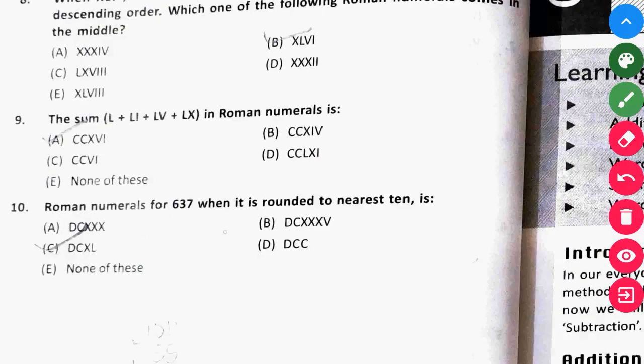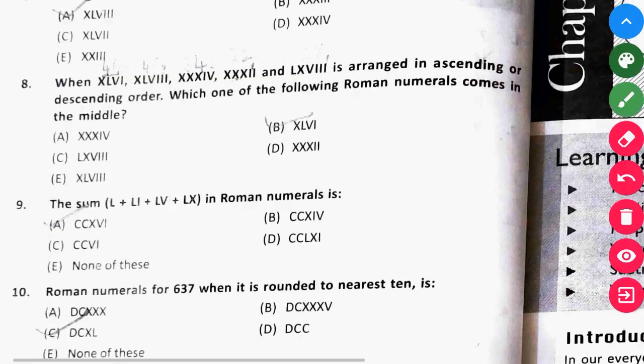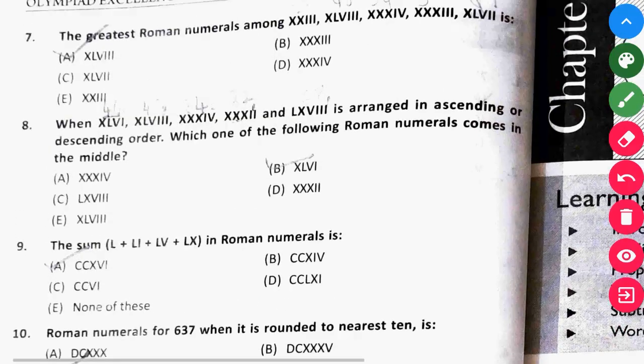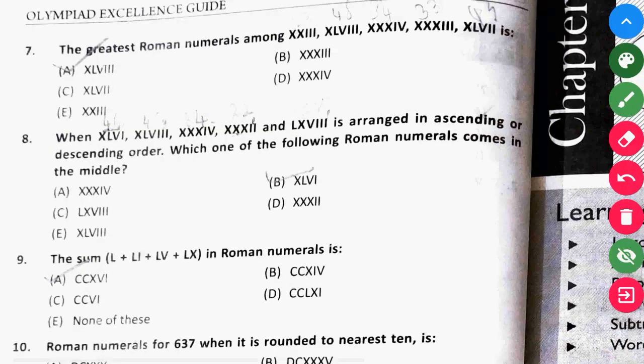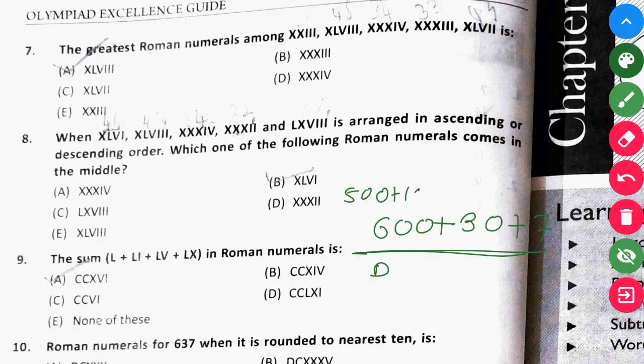Round the Roman numeral for 637 to the nearest 10. Now see 637: 600 plus 30 plus 7. We can write it in an expanded form. Now what is meant by 500? 500 is denoted by D, and 500 plus 100 is equal to 600.